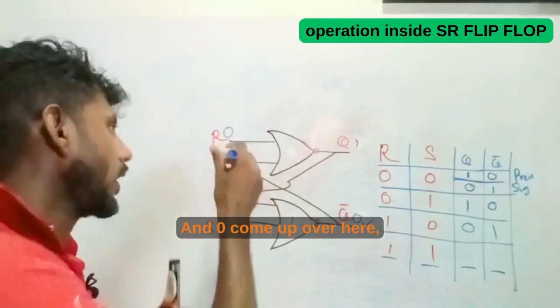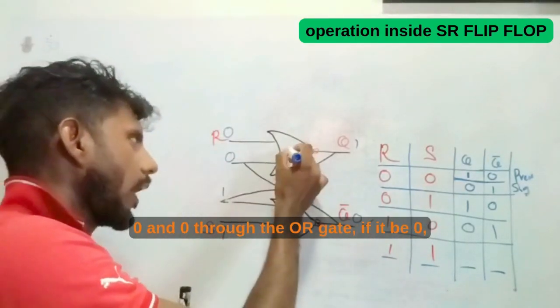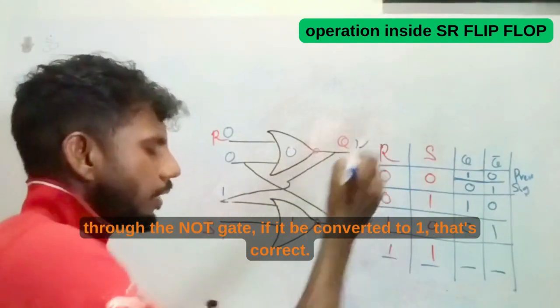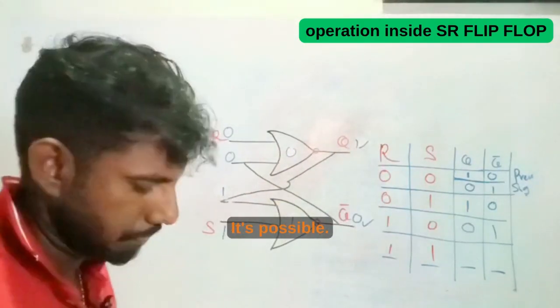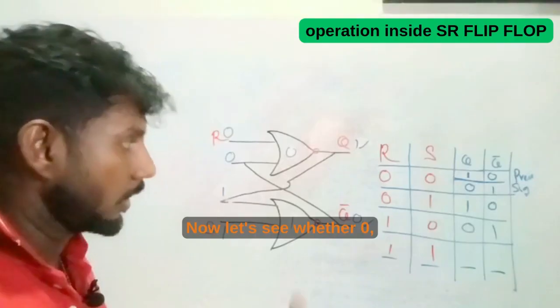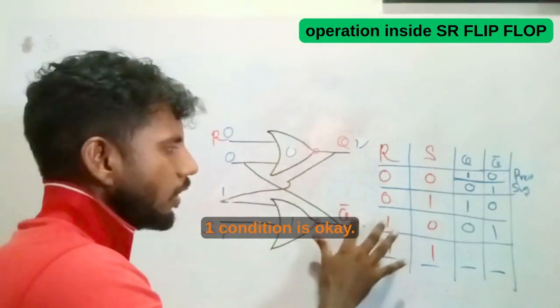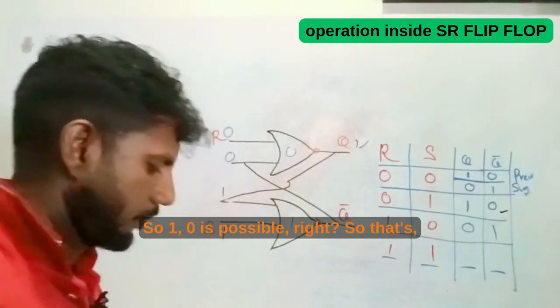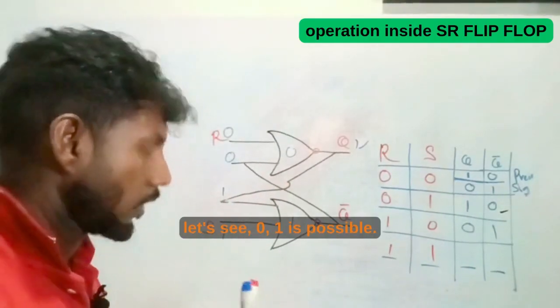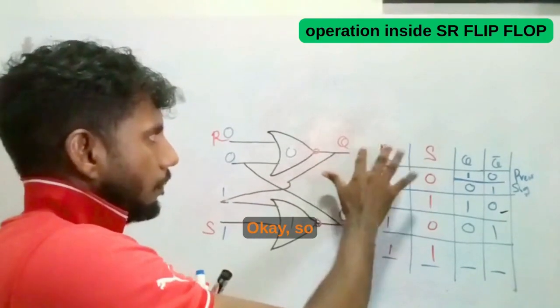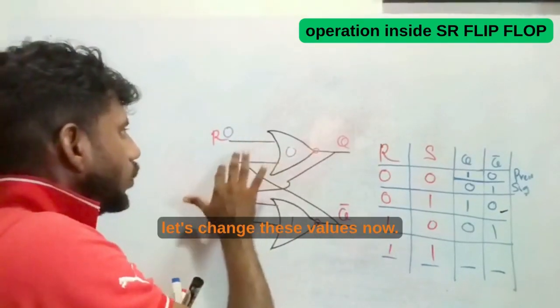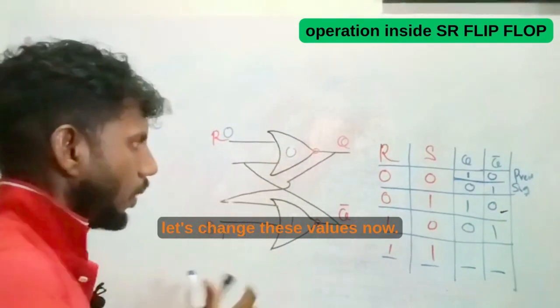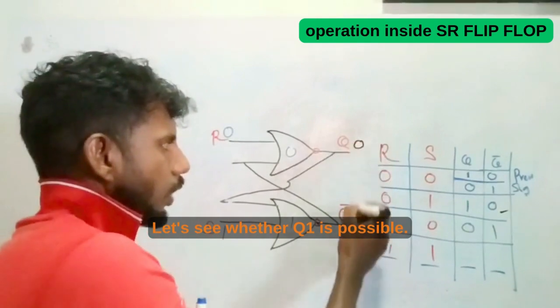And 0 comes up over here, 0 and 0 through the OR gate will be 0, through the NOT gate it will be converted to 1, that's correct, possible. So 1, 0 is possible, right? Now let's see whether the 0, 1 condition is okay. Let's change these values now and see whether Q 1 is possible.